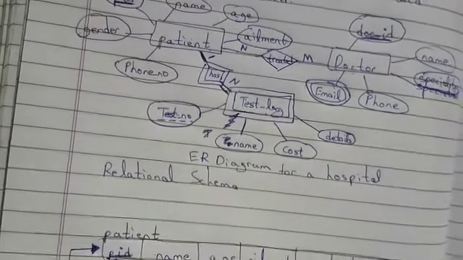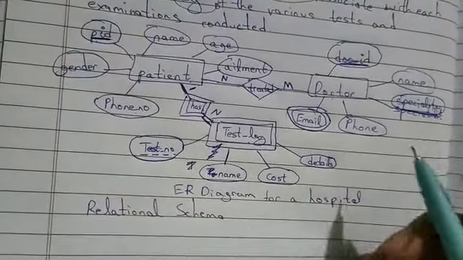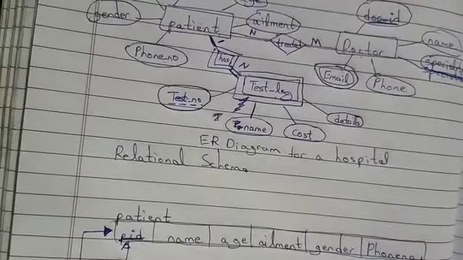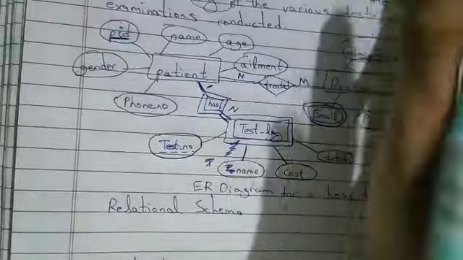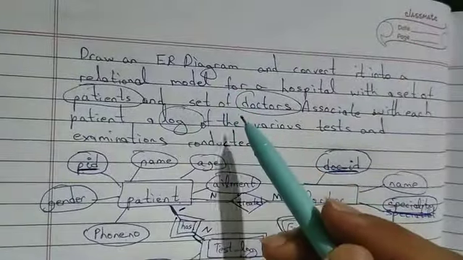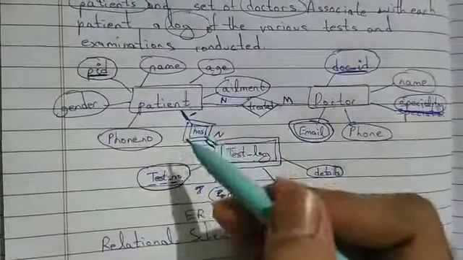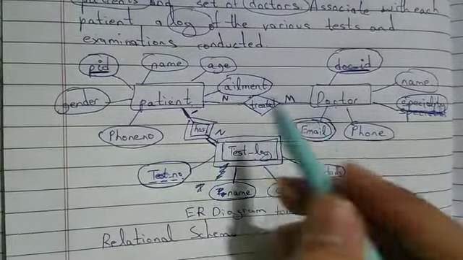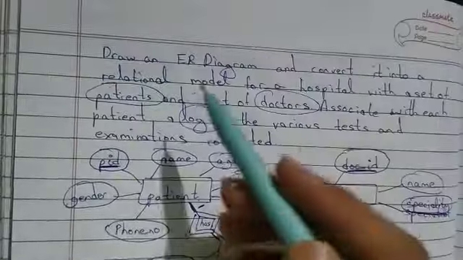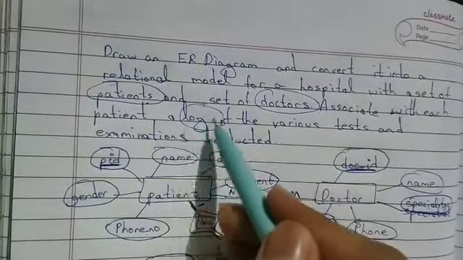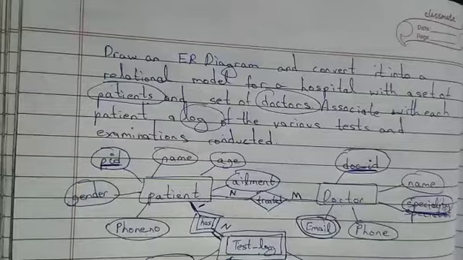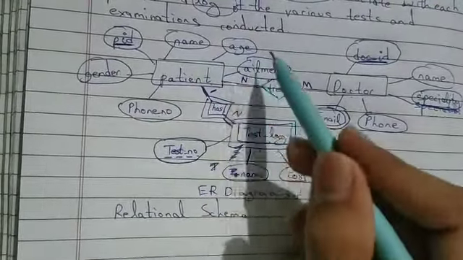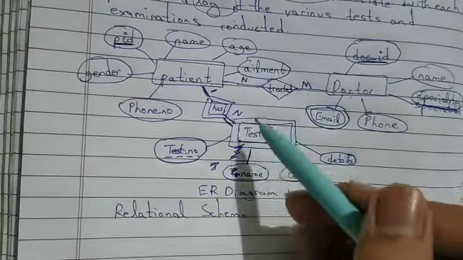I made it roughly, but I guess you get the point. If you get such a question in the exam, this is how you're meant to solve it. Firstly, if you want, you can rewrite the problem statement, but no need for that. You can just directly start drawing the ER diagram. Just roughly, first plan out the entities: there's patient entity, doctor entity, and a test log entity. Based on those three entities, you can expand their attributes and their relations, like the treated relation.